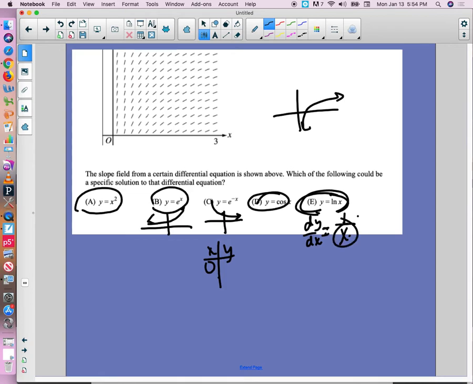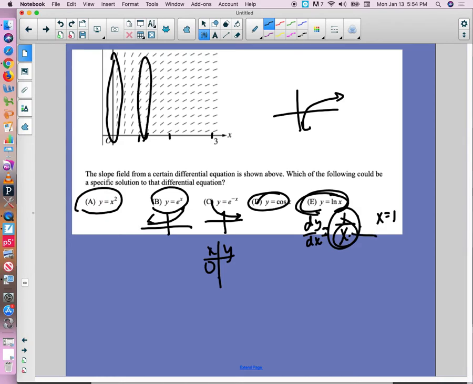So if x is 0, getting close to here, you should have vertical tangents. When x is 1, you should have slopes of 1, and you can see it a lot better on your sheet. Oh, this is 3. So this is 1, kind of 2, 3, maybe not quite like that. So on here, that would be about 1, and it looks better on your sheet.